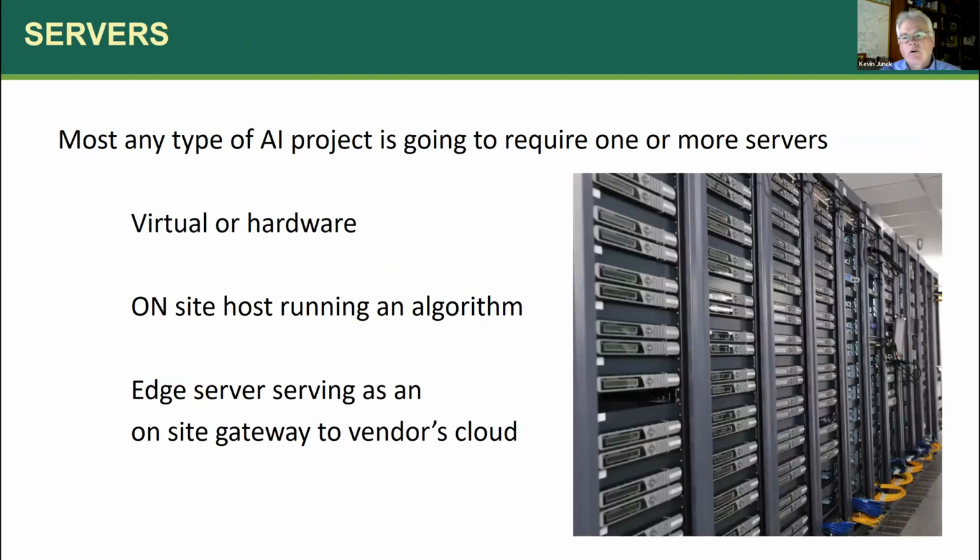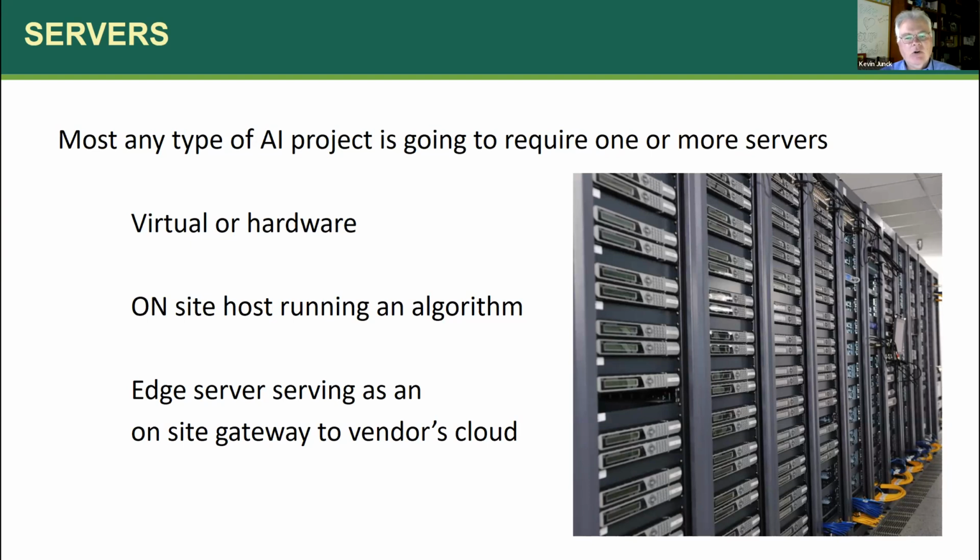Okay, first off, servers. Well, most any type of AI project is going to require one or more servers. We've worked on a number of these projects here, and it's like each system kind of requires their own server. Virtual server, maybe hardware sitting on site. Maybe it's running the algorithm that's doing your processing, or if you're using commercial applications from other companies, it'll be an edge server.